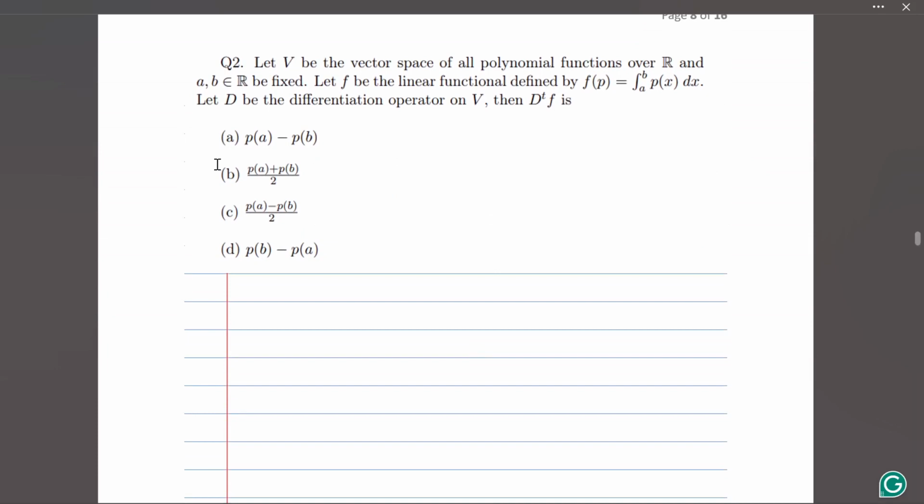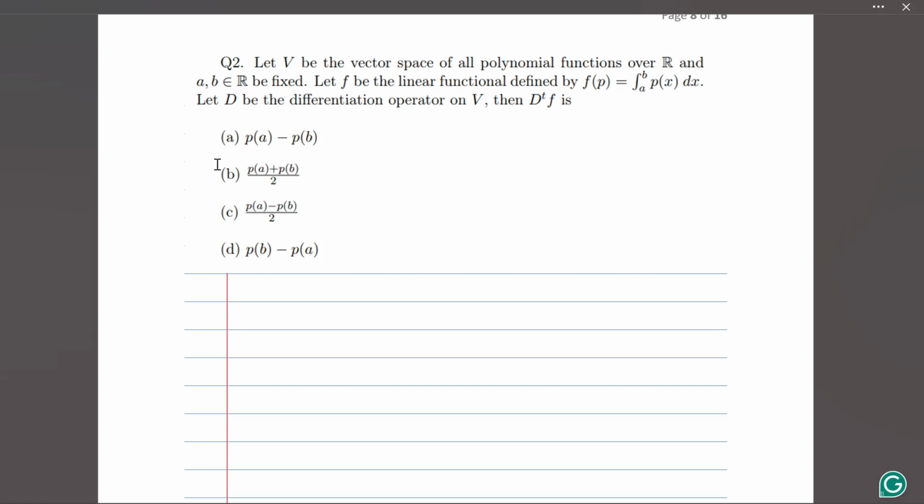Let V be a vector space of all polynomials, a and b fixed in R, with F a linear functional defined by this, the integral from a to b of P, and D be the differentiation operator.